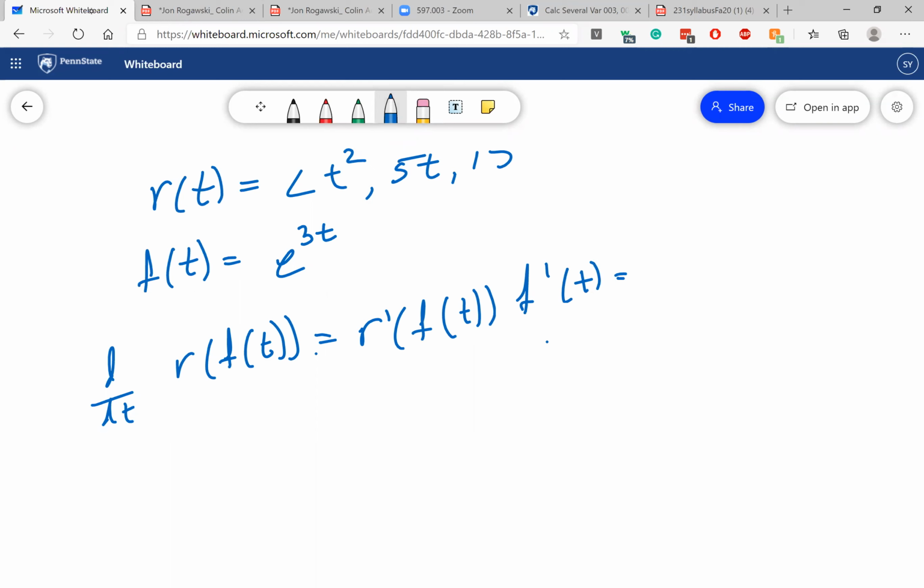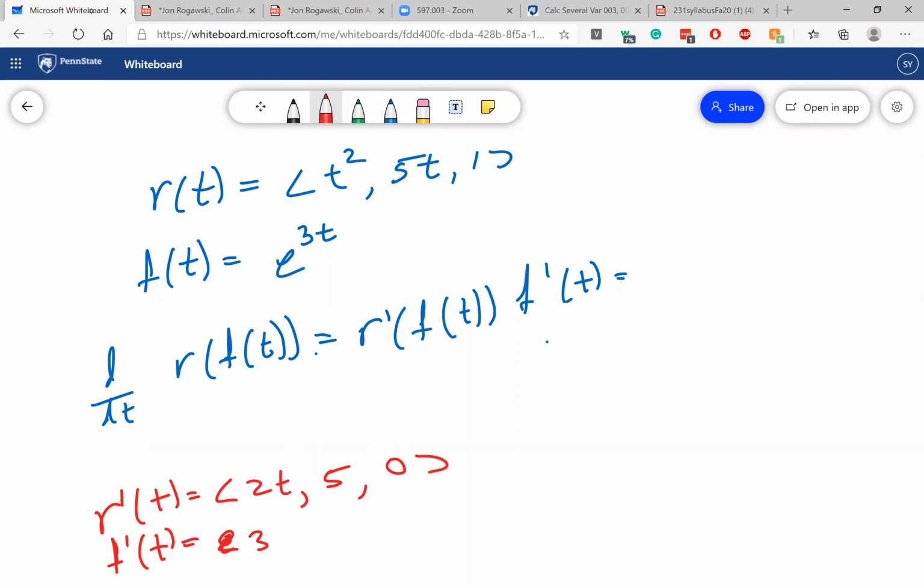So the r prime of t is equal to 2t, 5, and 0. And the f prime of t is equal to 3e to the 3t.